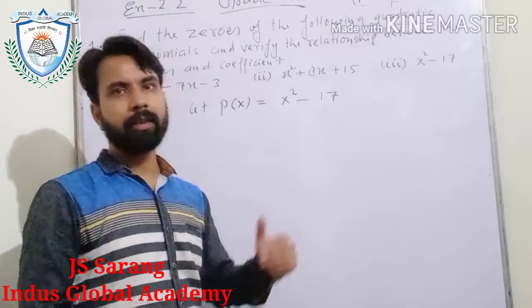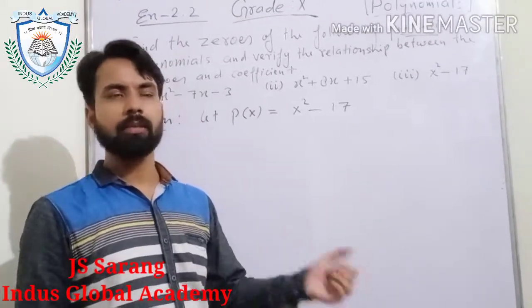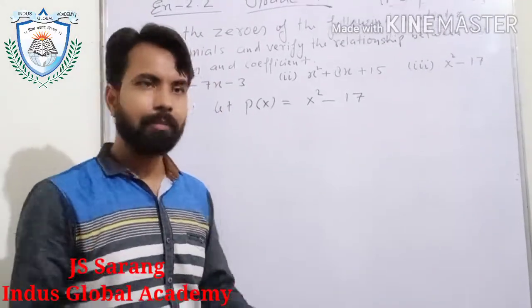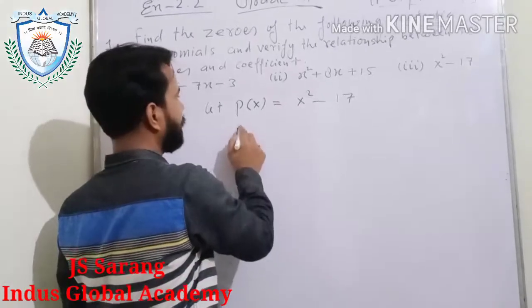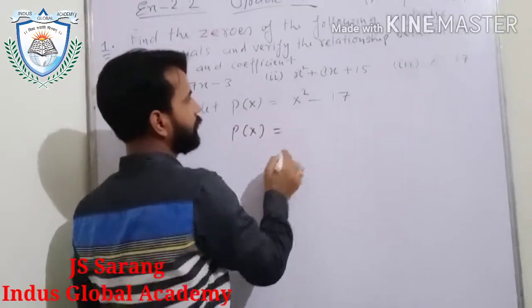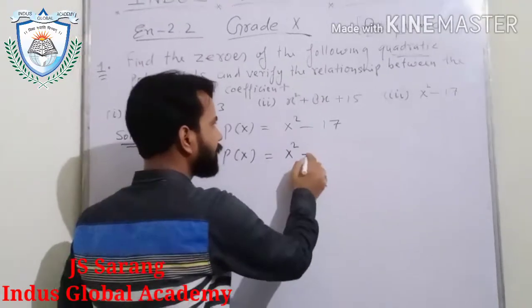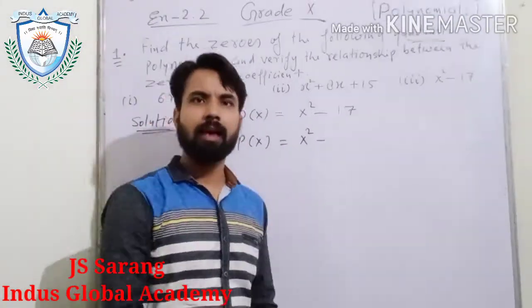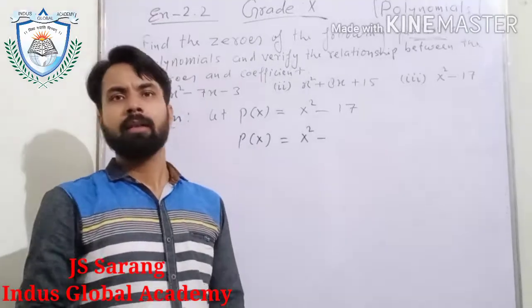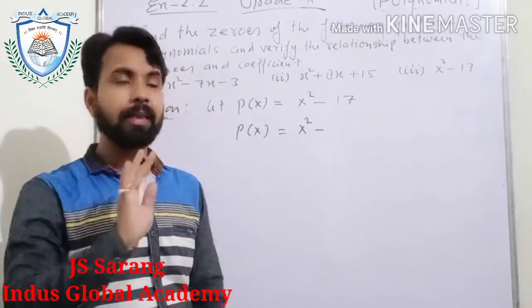So how can we factorize it? How can we find out the zeros? This is also very simple. What we can do, see, p(x) is equal to x square, which will remain the same, minus, because 17 is not a perfect square number.